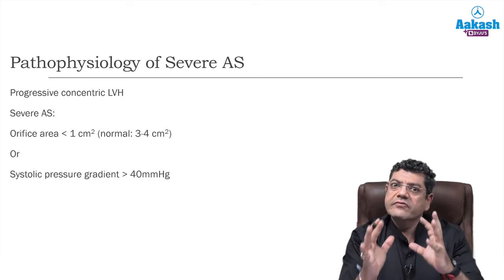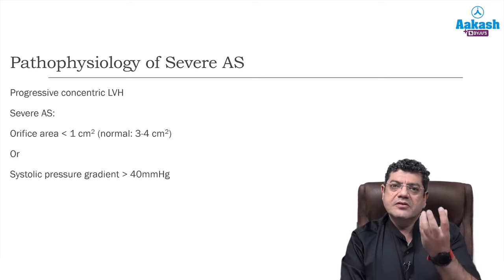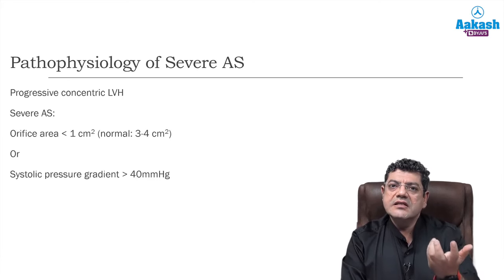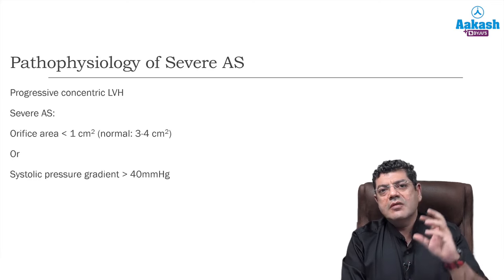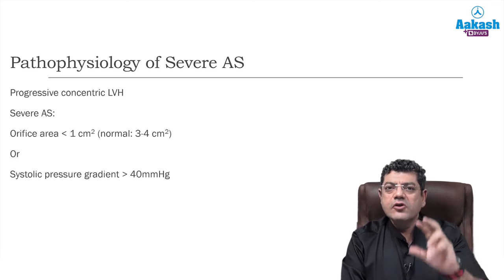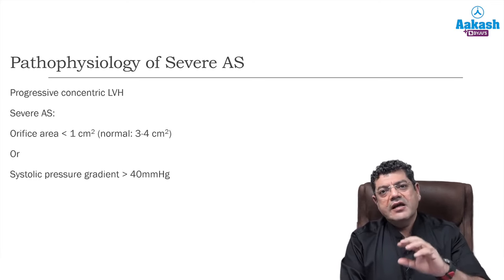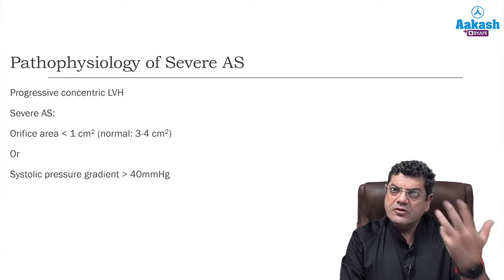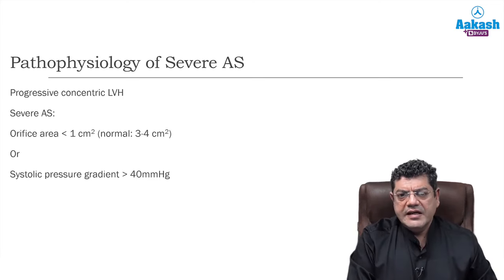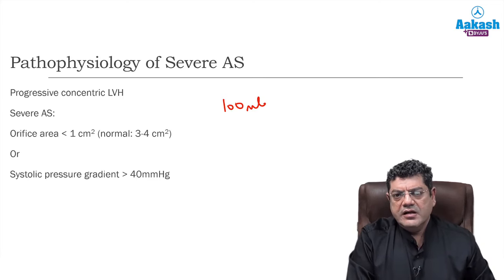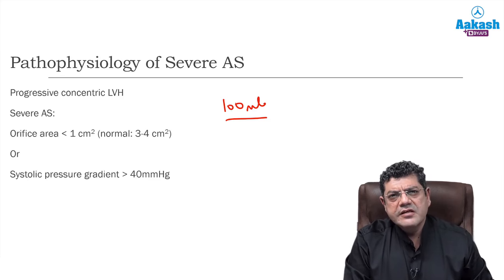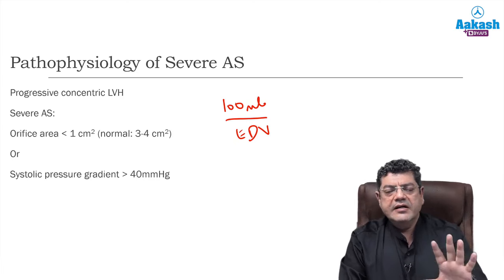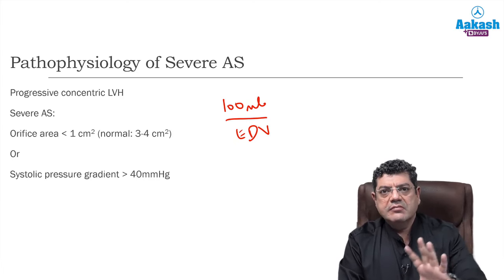Now, poor compliance, a very, very interesting thing, is that because the compliance is poor, the left ventricle can only receive a certain small amount, so its end diastolic volume will be smaller, and a large part of it can be pumped out even across a stenotic valve, right? So let's say that normally 100 ml is going to be received, just for pure understanding, right? And these values are not accurate.